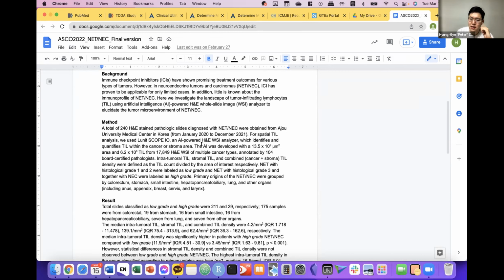I think that's a very interesting result, because only high grade was effective for the dual immunotherapy. Maybe TIL density could be one candidate biomarker for ICI immunotherapy outcome.